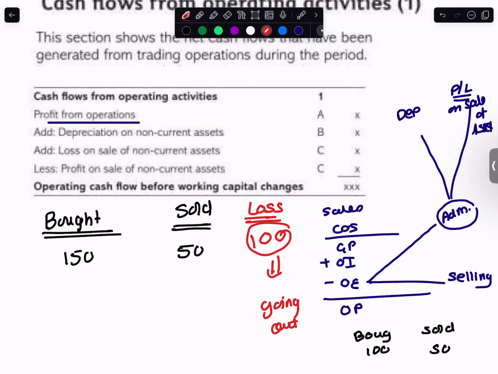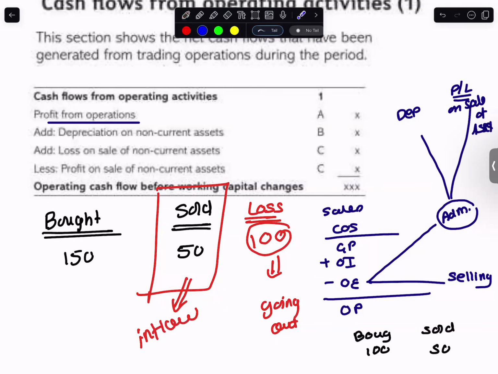So, are you interested in this for your cash flow statement? No. I am only interested because there is inflow over here. This money is not going out. I am not interested in it because I am interested in what? The cash flow.